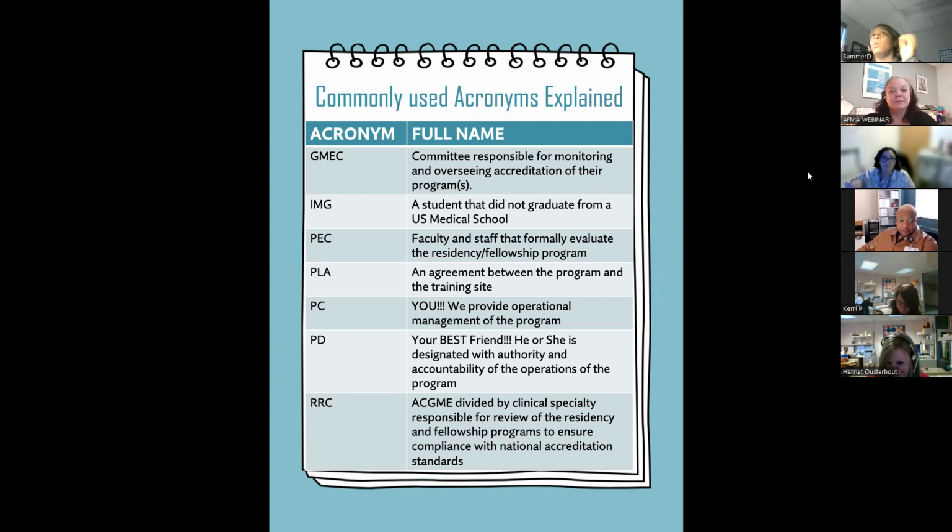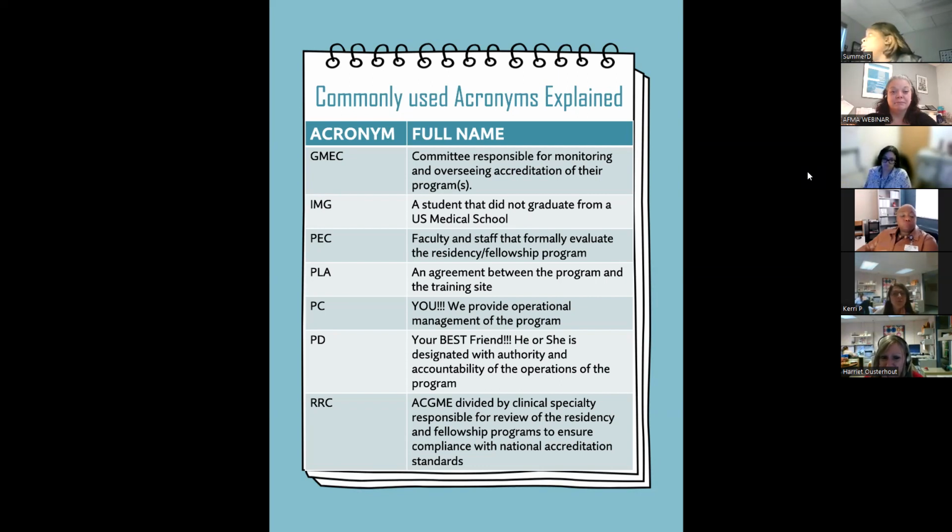You should be like Bonnie and Clyde, or Batman and Robin, or Tom and Jerry, or spaghetti and O's. However you want to look at it, there should be nothing within the program that you don't know about or your program director does not know. Literally, y'all are like family.